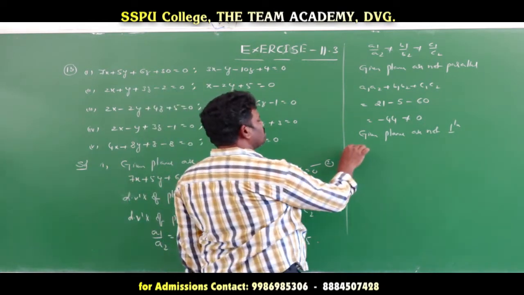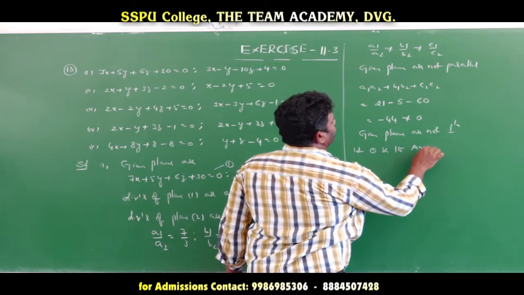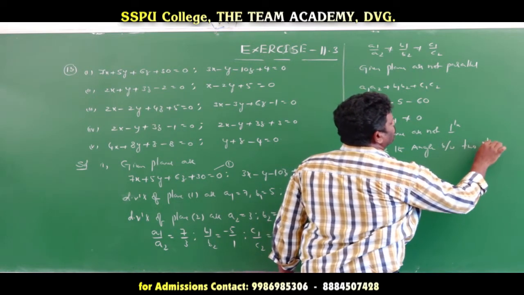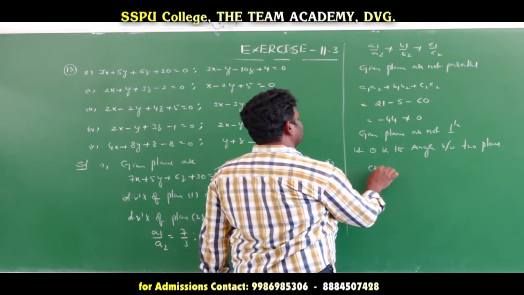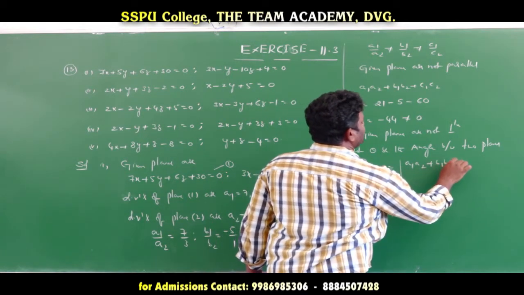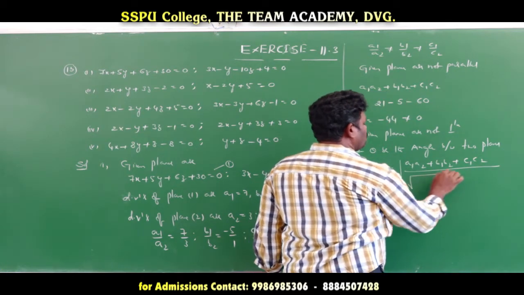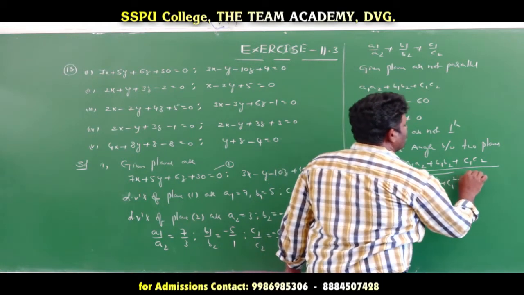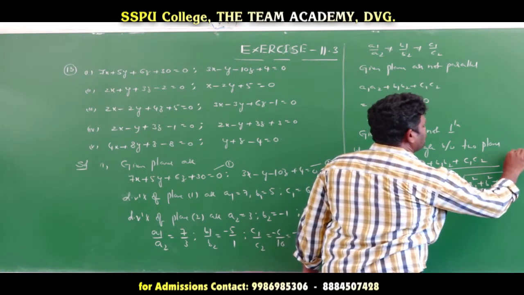So the next condition: let theta be the angle between the two planes. Now the formula is cos theta is equal to A1 A2 plus B1 B2 plus C1 C2, divided by the square root of A1 square plus B1 square plus C1 square, times the square root of A2 square plus B2 square plus C2 square.